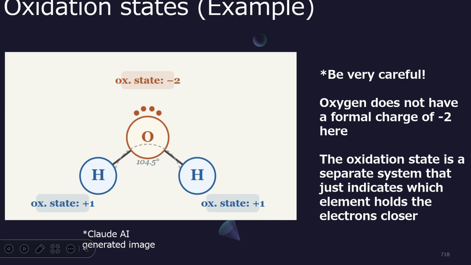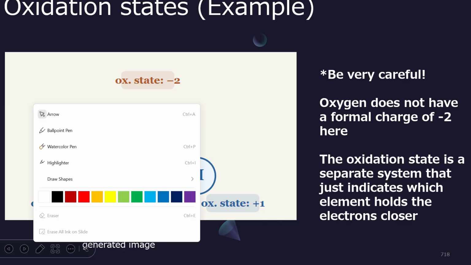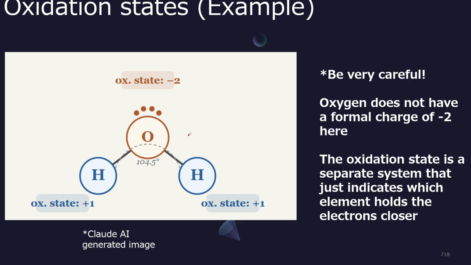So you could imagine in a perfectly balanced bond, the electron pair would be kind of shared exactly equally at this bonding location. 50% density to each atom. But we know that oxygen is more electronegative, so it's going to pull these past the 50% line. It's going to hold more density than 50%.